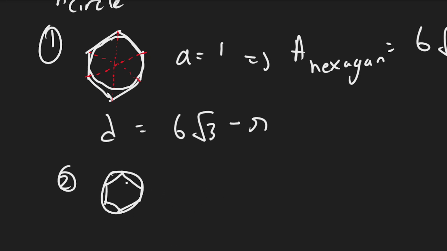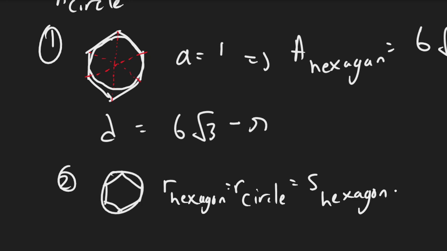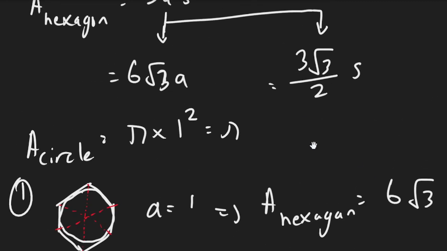The radius of the circle is basically the radius of the hexagon. Since our hexagon is the same as our circle, this is also equal to the S of the hexagon as well. So from here, we have our formula here.